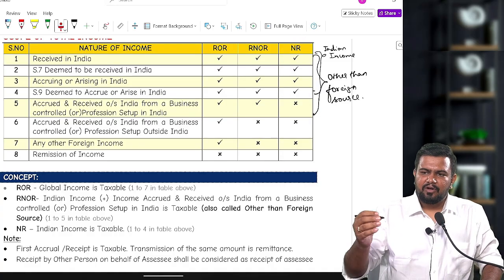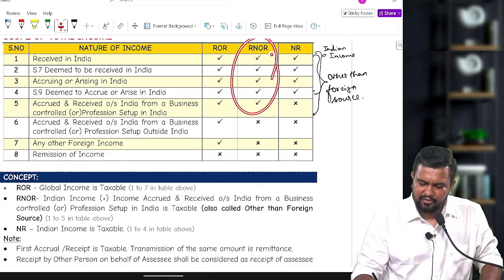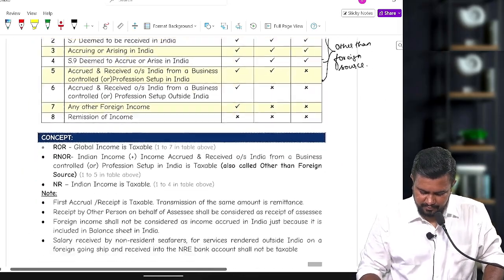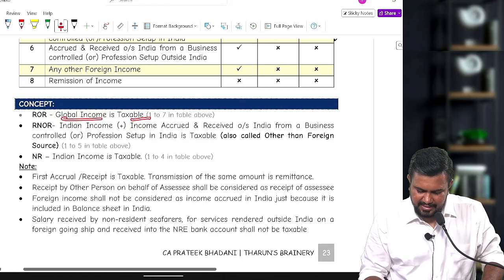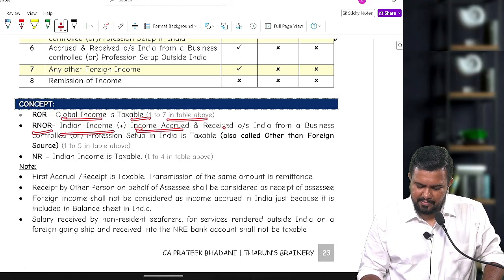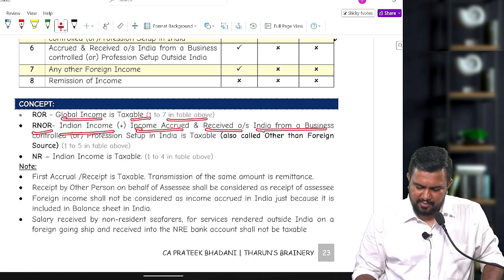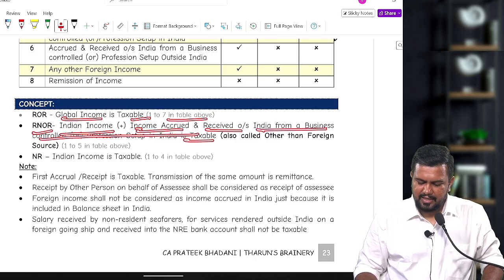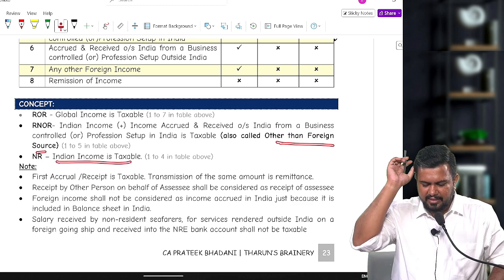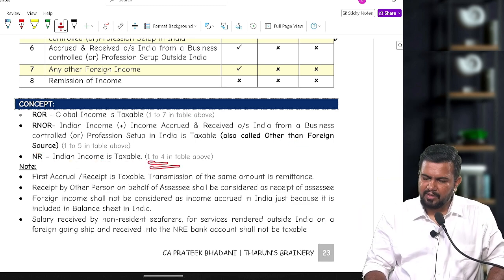And for RNOR, other than foreign source is taxable. Fine. So for ROR, global income is taxable, 1 to 7. For RNOR, Indian income plus income accrued and received outside India from a business controlled or profession set up in India is taxable, also called other than foreign source. And for non-resident, Indian income is taxable, 1 to 4 in the table above.